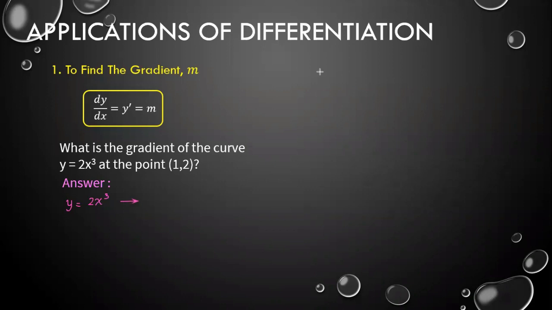When we go to the first derivative, dy over dx equals 6x squared. Do you still remember how to differentiate the function? Yes, very good.